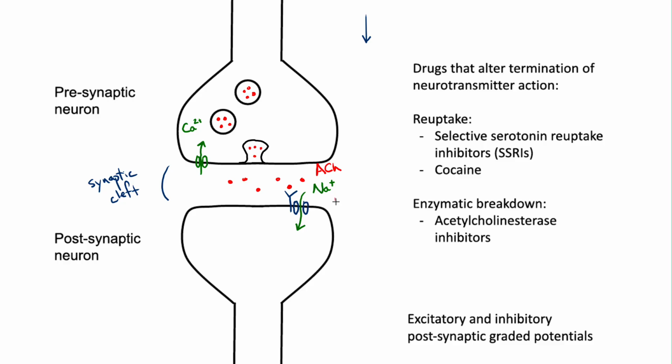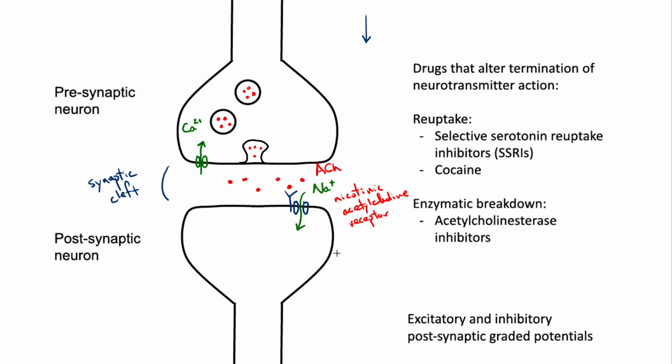And this were a nicotinic acetylcholine receptor. The nicotinic acetylcholine receptor is on the postsynaptic neuron, and when it binds acetylcholine, it opens a cation channel and lets sodium in. And it's called the nicotinic acetylcholine receptor because it binds to nicotine and responds to it as well.